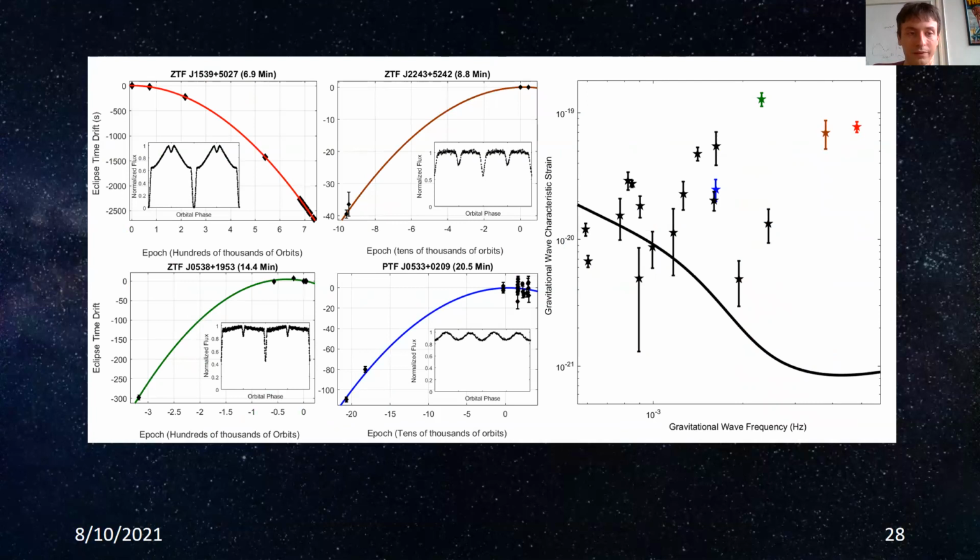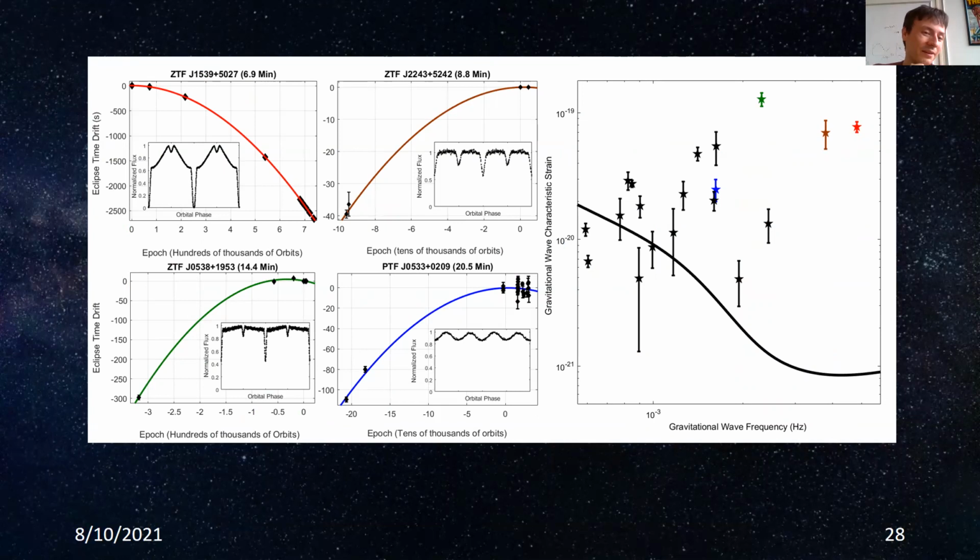So I want to wrap things up since I'm running short on time and just say one last really cool thing you can do by modeling these systems is you can actually measure their orbital evolution due to gravitational wave emission. And I've done this now for 4 systems, and that's by timing that eclipse. So it's again a property of the eclipse, though you can also do it with ellipsoidal systems.